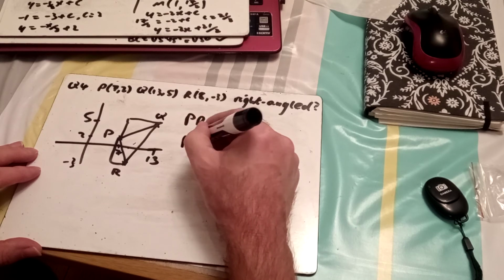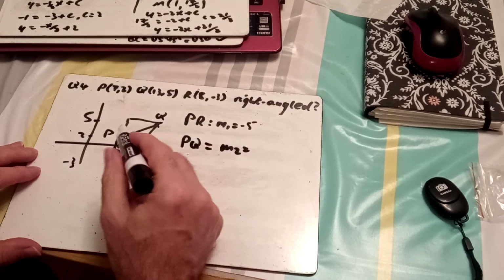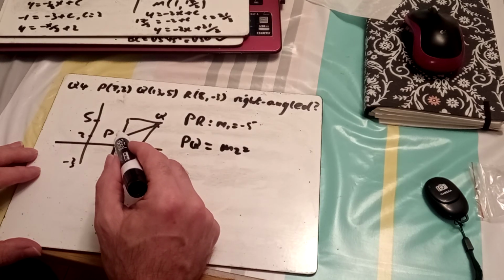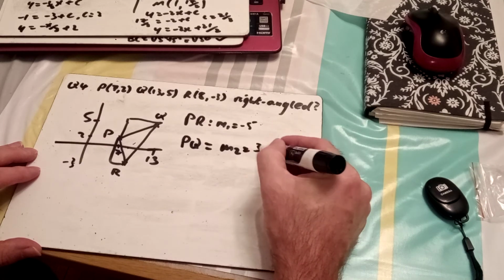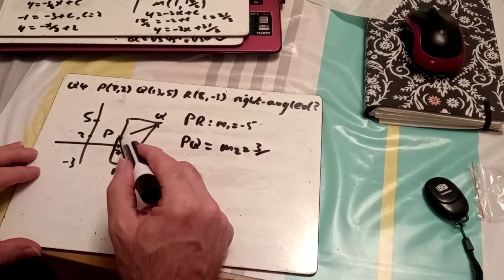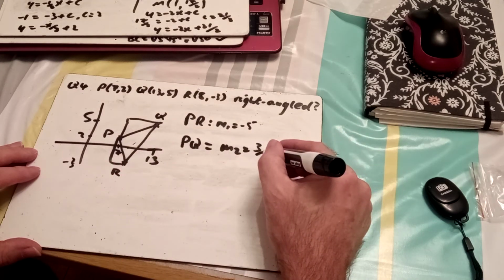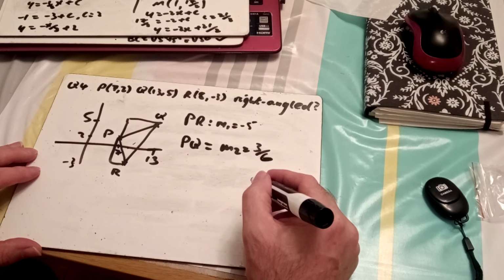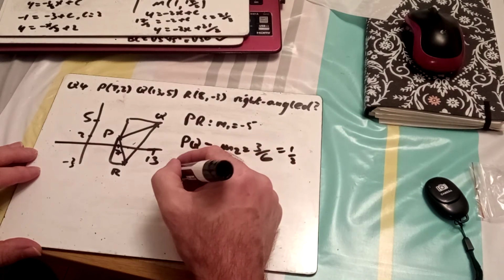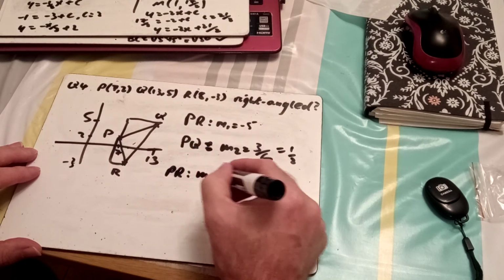The gradient of PQ, M2, is in this case the change in y is positive. It goes from 2 to 5, so it's 3 up, and then from 7 to 13, 6 along. So that is a half, and I can do QR, M3, let's call it.